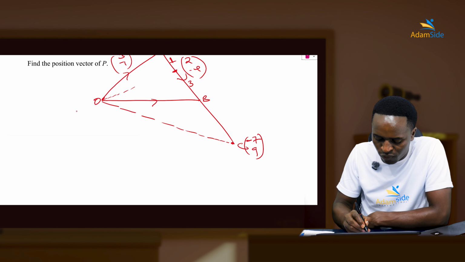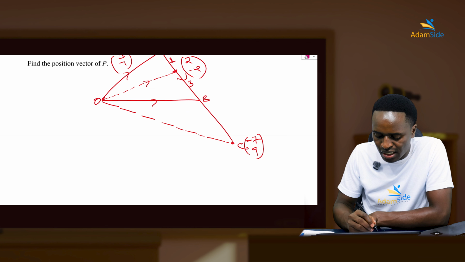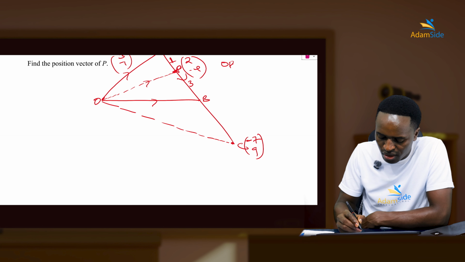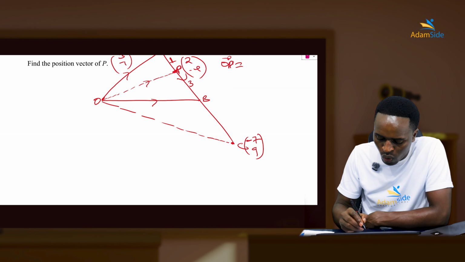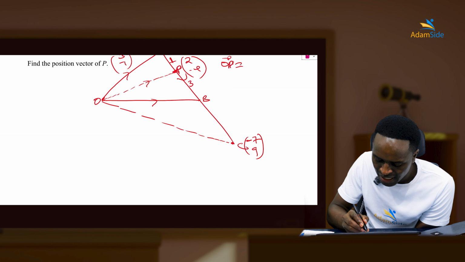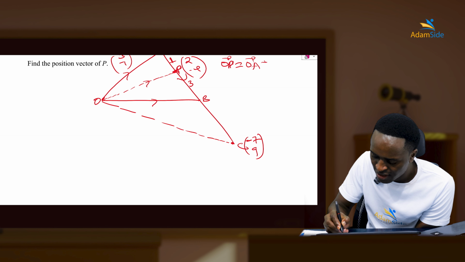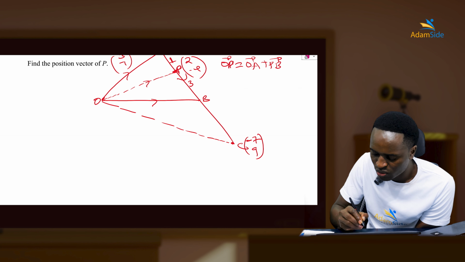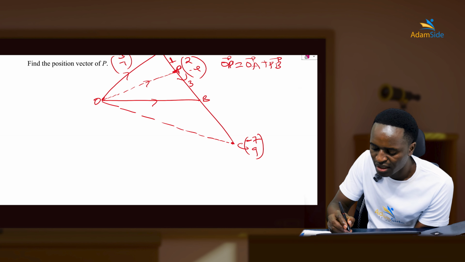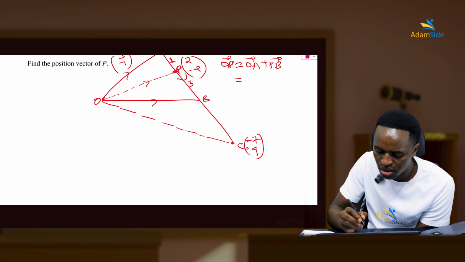To get the position vector of point P, OP will be equal to vector OA plus vector PB. And vector OA, what's vector OA? So we need vector OP.